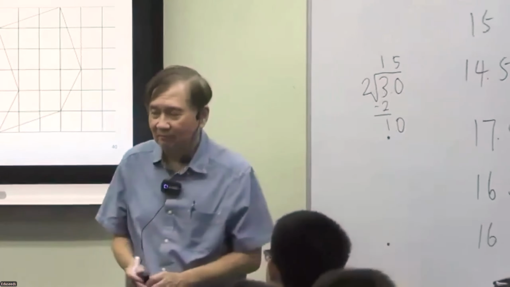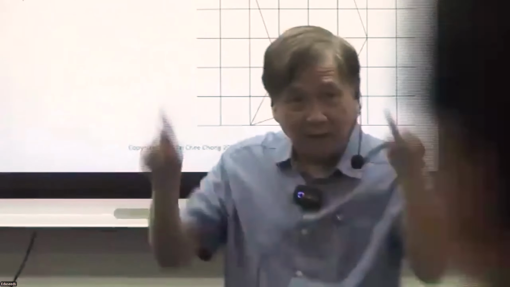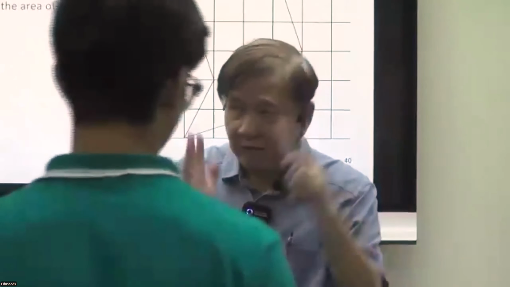Now, so you really have to go a bit indirect, right? To find the rectangle, then take away all those outside the region there, to find the area of the polygons. Now, listen.